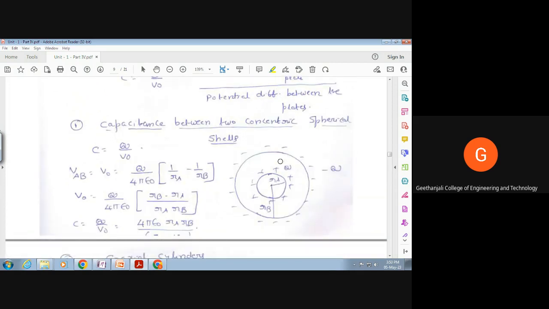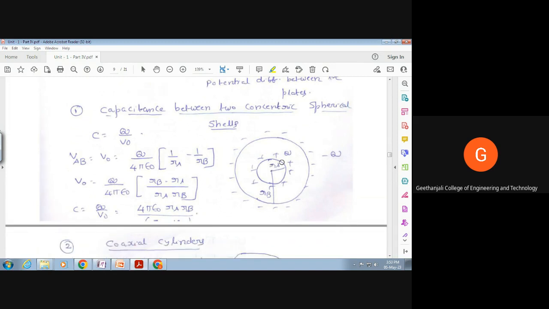Now let us find out the capacitance for some physical configurations. Assume that there are two concentric spherical conductors. The inner one contains a total positive charge of plus Q coulombs. Let RA be its radius.